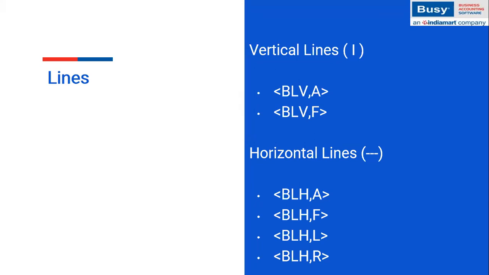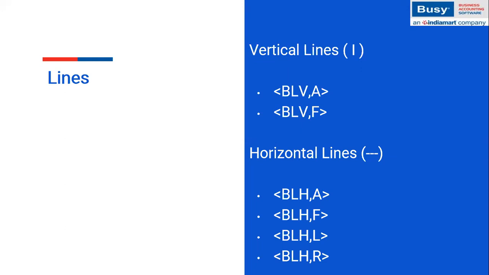Horizontal line. BLH is the field. BLH means horizontal, and A means it will print the horizontal line till your text only. If I call F instead of A, it will print the full horizontal line, across the full page.